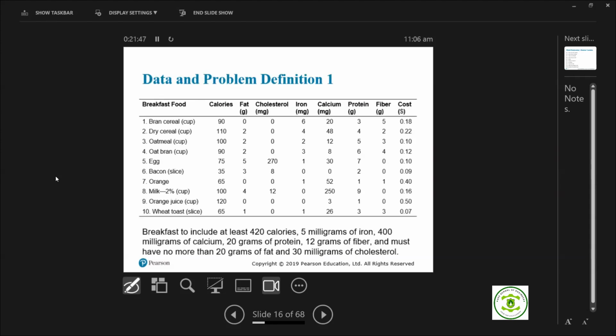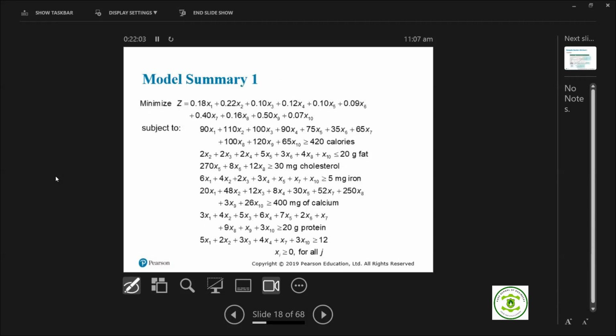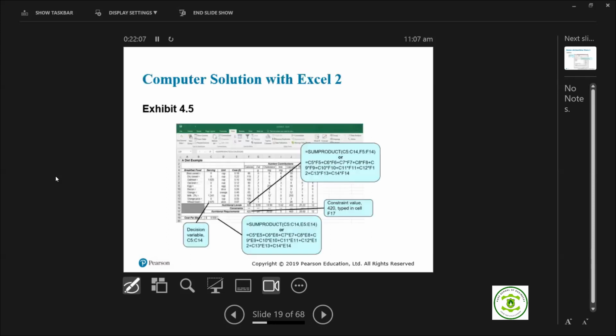This is another example. For that one you have to follow the slides and do it. I've given you the sheets, which go up to x10. These are the equations, and this is the Excel sheet. Exhibit 4.5 is what you follow to solve this one.